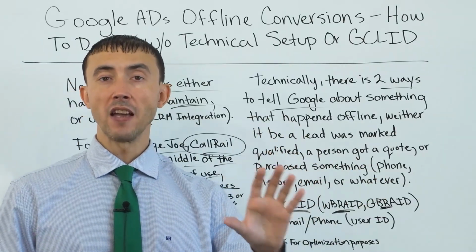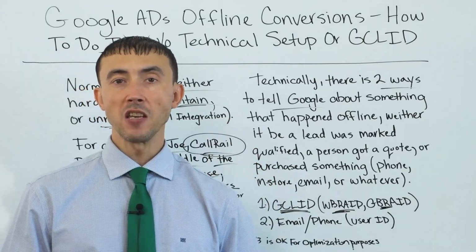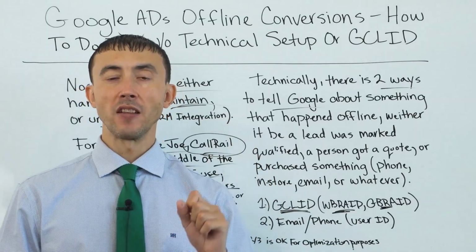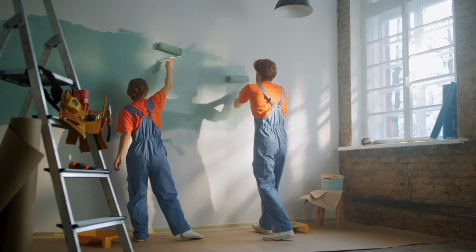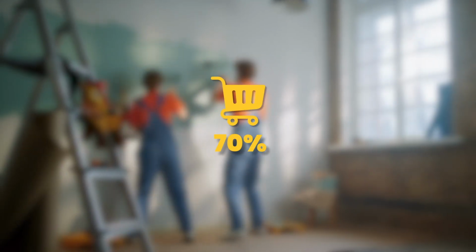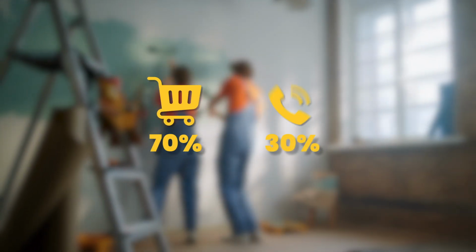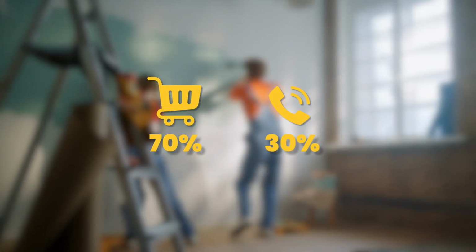To give you a couple of individual markets, though, to give you an idea of how much this works, starting with e-commerce, we had an e-commerce brand that sells paint, okay, like house paint, not commercial paint. Roughly 70% of the sales go through the cart. 30% of them go through the phone itself, okay?